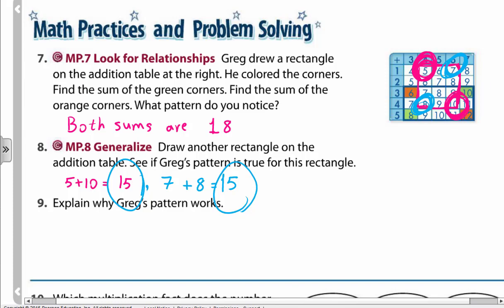So, my heroes, I will write here that his pattern is true because the sums are the same.